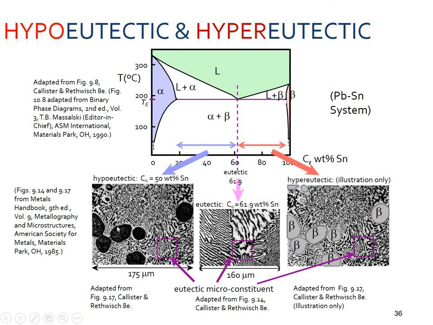Again, these darker spots are the primary or pro-eutectic alpha regions, and the darker and grayish lines are alpha and beta in alternating layers. Similarly, these gray spots are the primary or pro-eutectic beta phase, and the other dark black and gray lines are the alternating phases of alpha and beta.